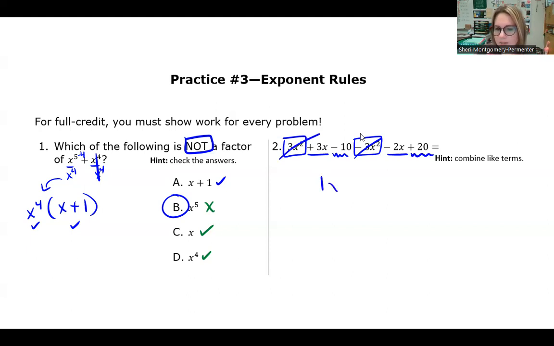I have 1x. And then if I have 20, and I just did these, you can kind of mark them off as you go. If I have 20 and then I take away 10, how much do I have? And that's my answer. Do I have to write the 1 in front of the x? No.